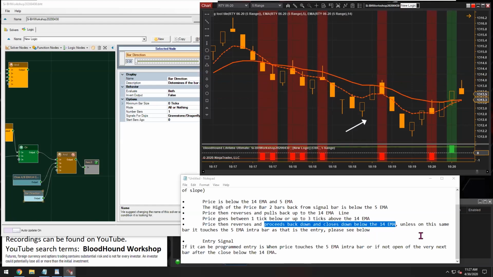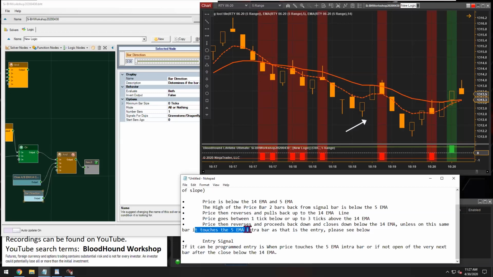Now we have this other condition here. Here's our qualifier: it says unless this bar touches the EMA5.